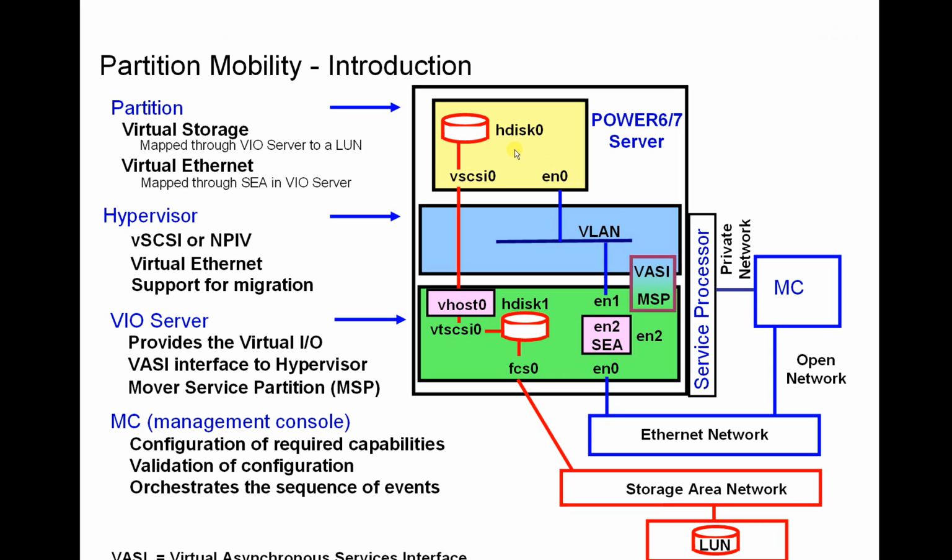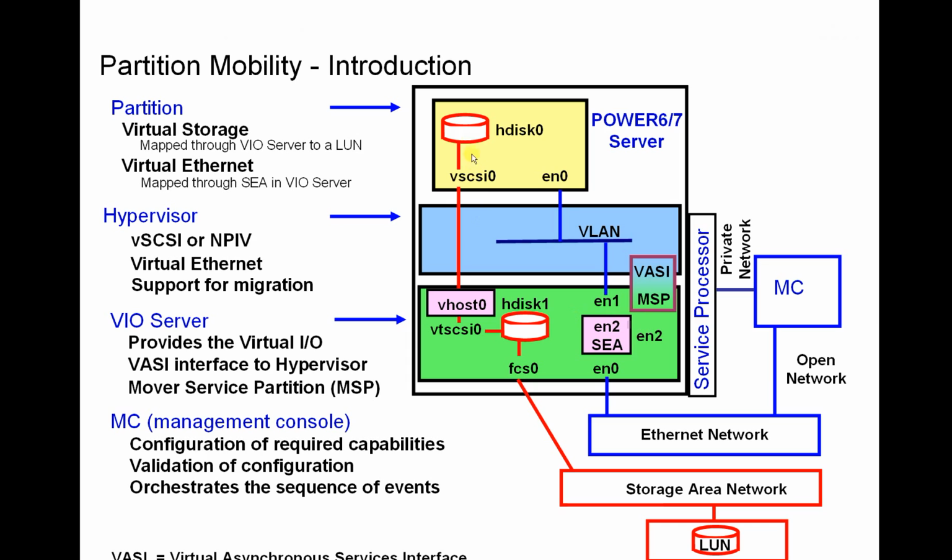The partition to be moved would be getting its LUN or LUNs and its network access through the VIO server, with the hypervisor facilitating that. The management console, in addition to its normal responsibilities as the single point of management, would also be the orchestrator of the partition mobility operation.